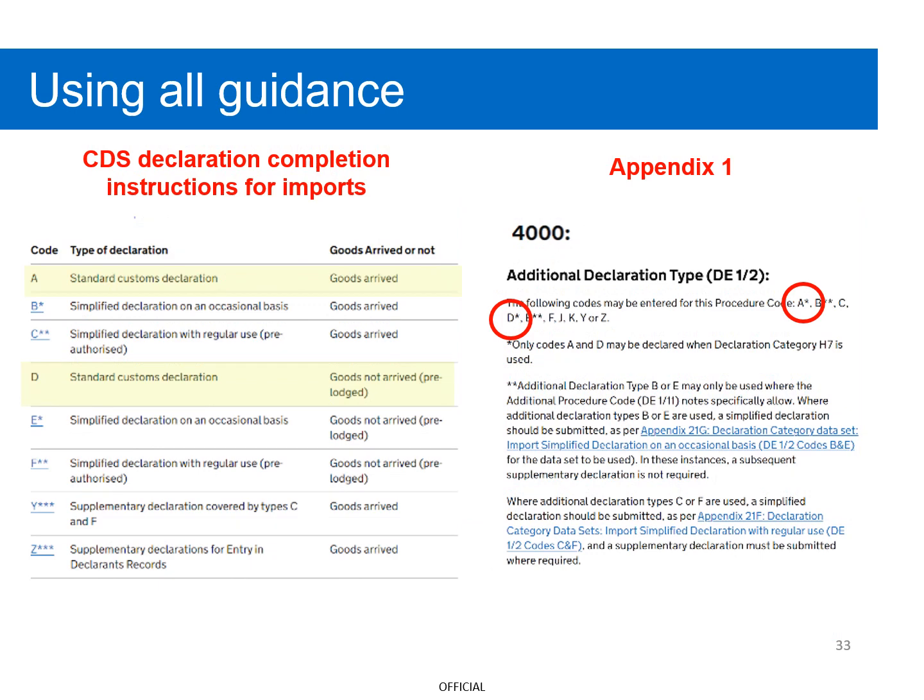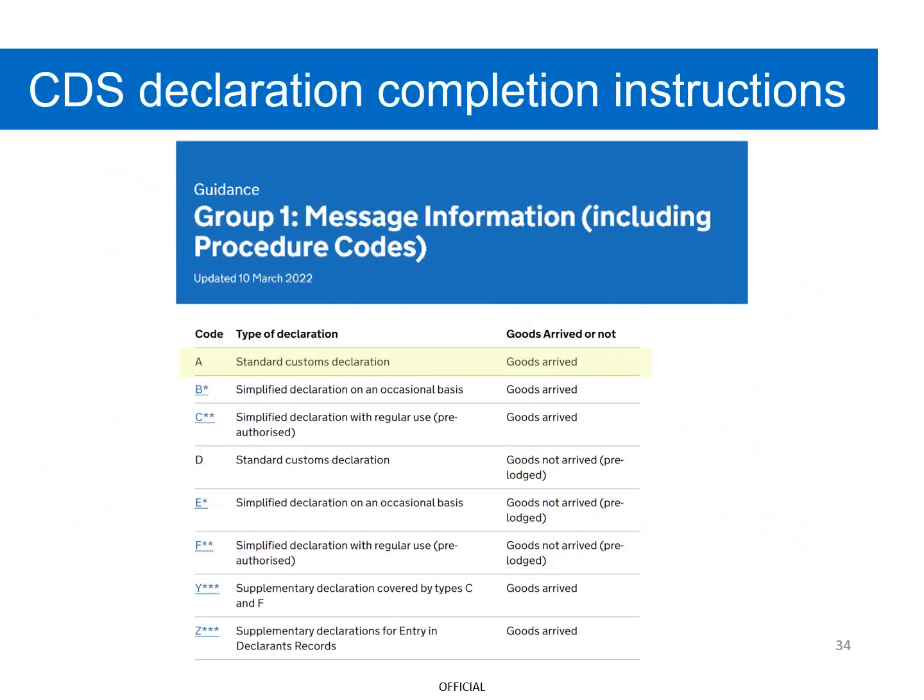As Hallie is using Declaration Category H1 with a Procedure Code of 4000 and making a standard customs declaration, the only options for her are A and D. As Hallie's goods have arrived, the appropriate code is A.